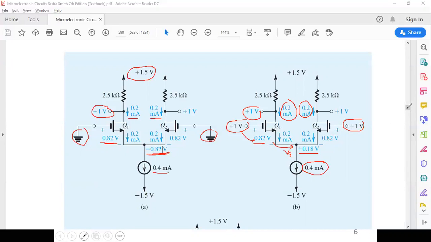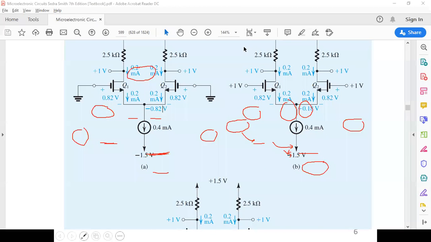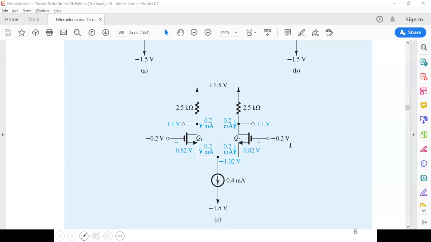Again, let's do the analysis again with another case, which is case C, where we apply negative 0.2. So now we're applying a negative voltage. The idea is to see the output when you don't apply anything, when you apply a positive voltage of 1 volt, and when you apply a negative voltage of negative 0.2 volt.